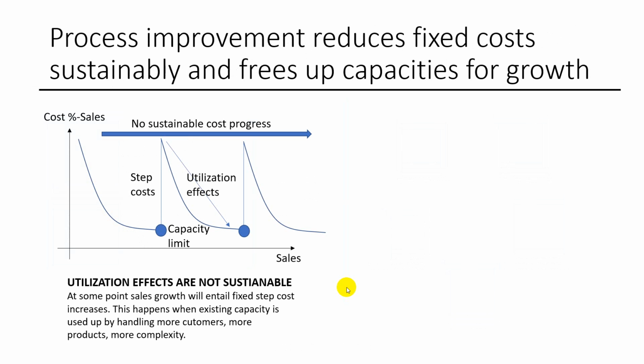Now it's important to understand what happens really in the long run. What we can see is that at first we can actually increase our sales without adding costs. And that brings down our cost per unit of sales, the so-called utilization effects. This is what a lot of managers count on to improve their overhead rates.